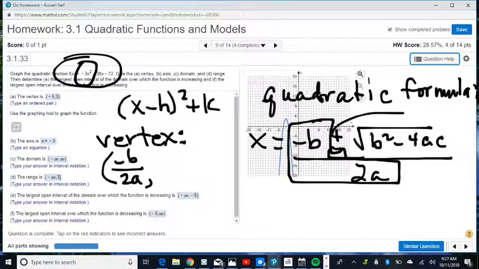We'll look later at some ways where we can use this bit to do some other things, but right now we're just going to be interested in the vertex of the parabola. It's just that minus b over 2a. Okay? So that gives us the x value, but it doesn't give us the y value. Or does it? Kind of does.